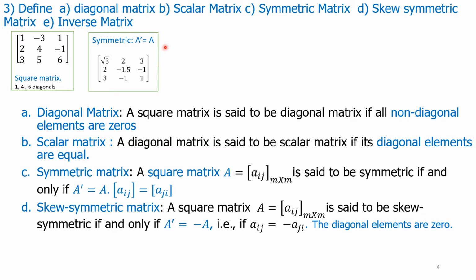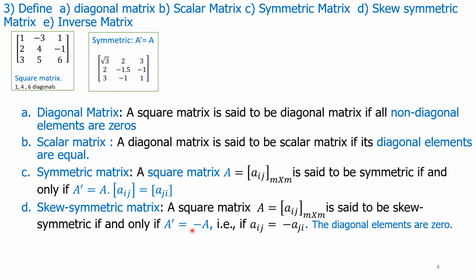Skew symmetric matrix. A square matrix A equal to Aij, of the order m by m, that is m rows and m columns, where the number of rows and columns are the same, is said to be a skew symmetric matrix if and only if A dash is equal to minus A. That is, Aij is equal to minus Aji, and the diagonal elements are all zeros.